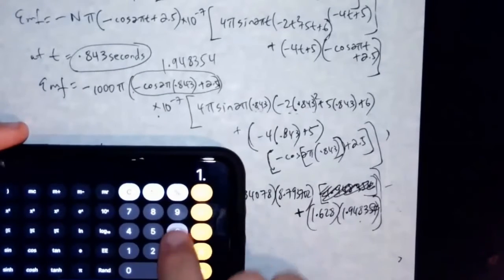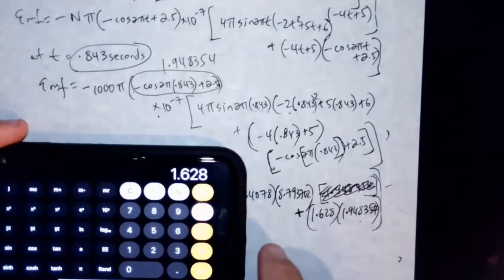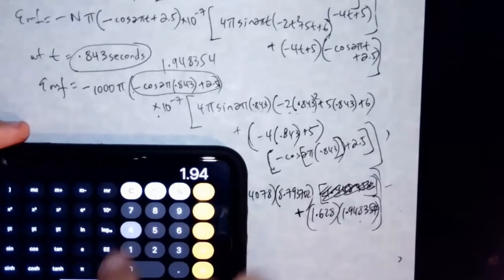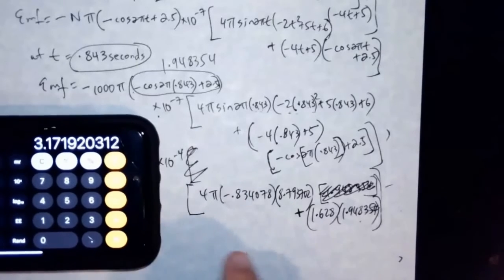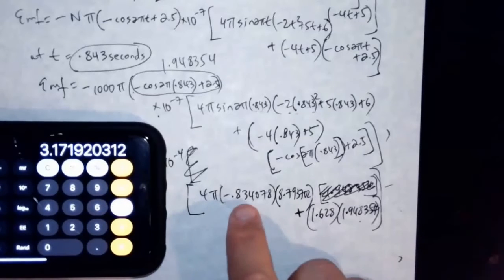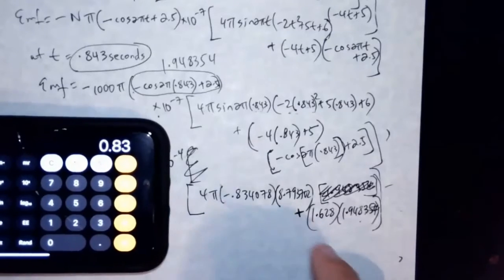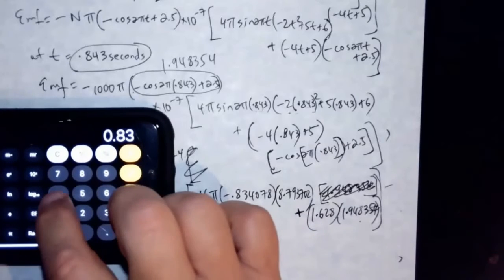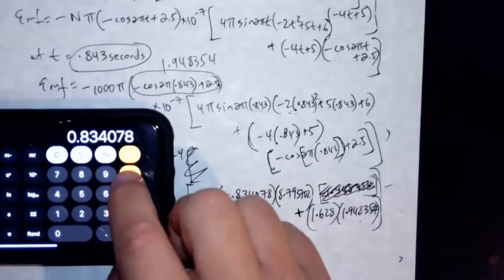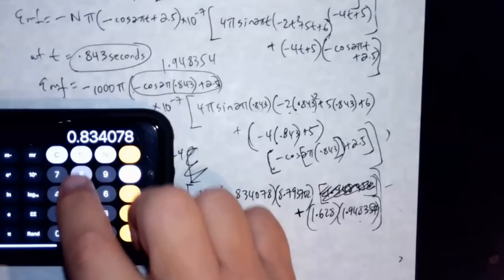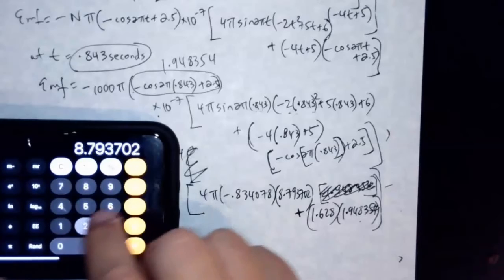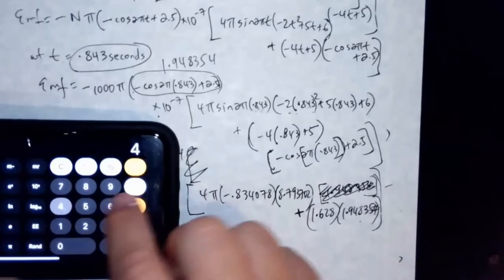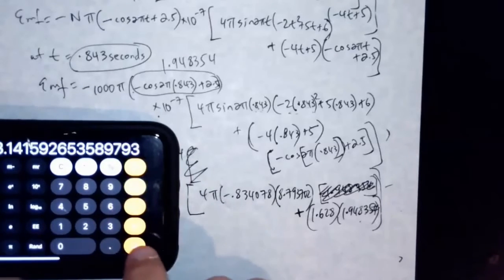So 1.628 times 1.948,354. Minus 0.834078 times 8.793702 times 4 times pi.